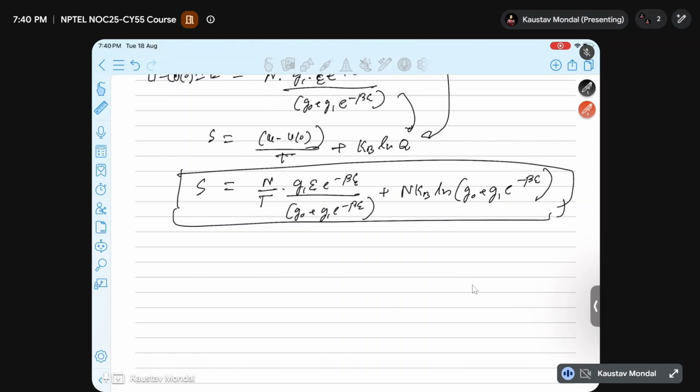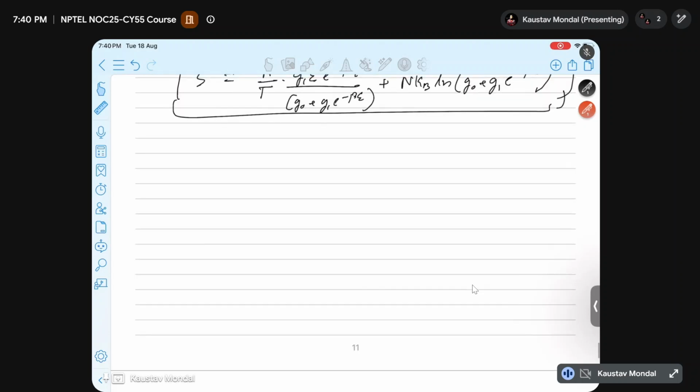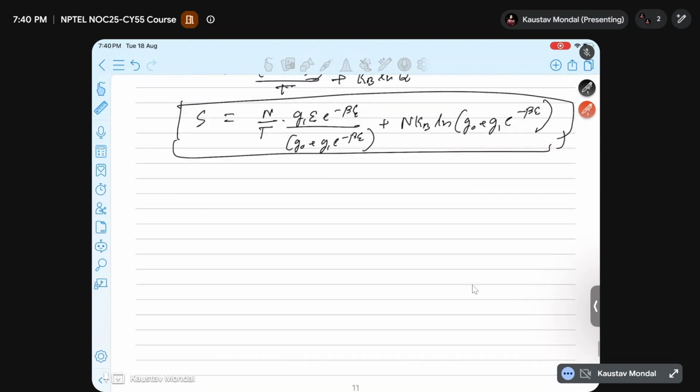Next, we will do a problem on a three-level system with degeneracies. Okay, so now the similar quantities we will calculate. The energies are zero, E and 2E.